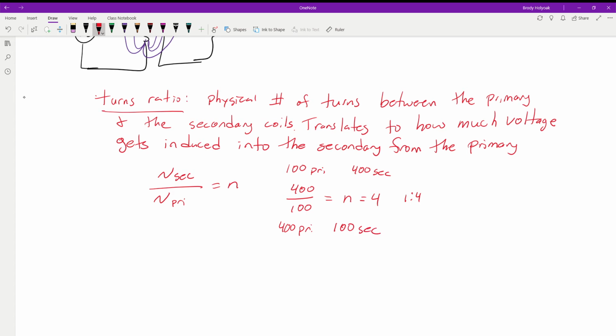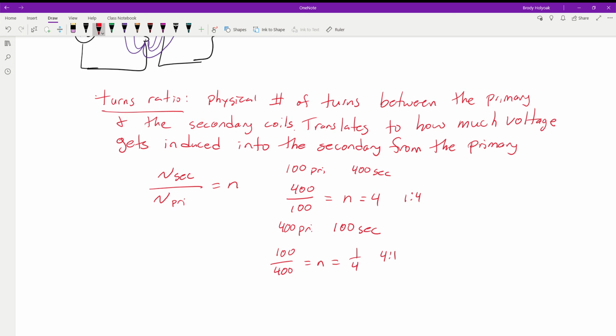We look at the ratio: 100 over 400 gives us our turns ratio, which reduces down to 1 over 4. So this is now a 4 to 1. This means if we have 1 volt in our primary, we're going to have a quarter of that, or 0.25 volts in our secondary. So this directly correlates to how we do that.